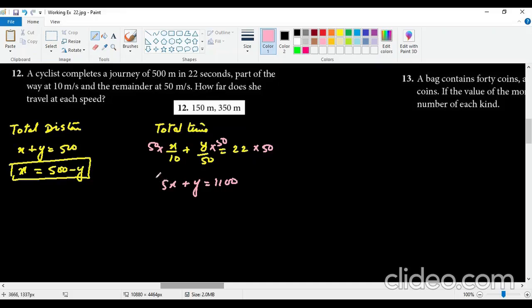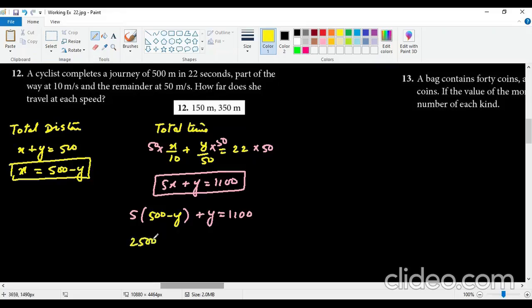Now I will substitute the value of x. It says 5 times x plus y equals 1100, and in place of x I will write the value of x, which is 500 minus y. So this is going to give us 2500 minus 5y plus y equals 1100.